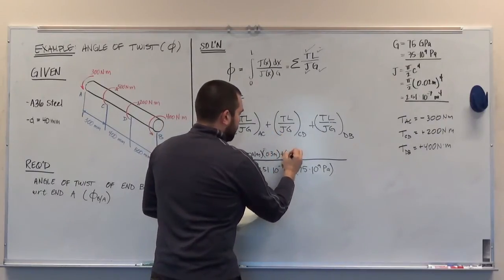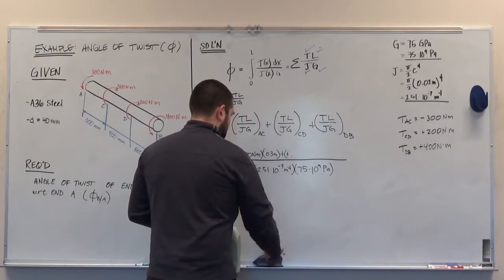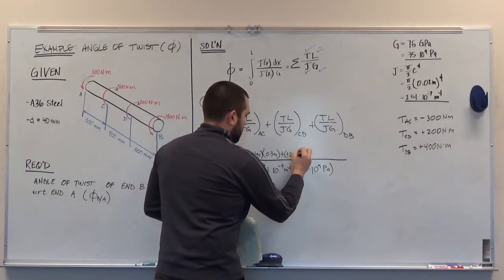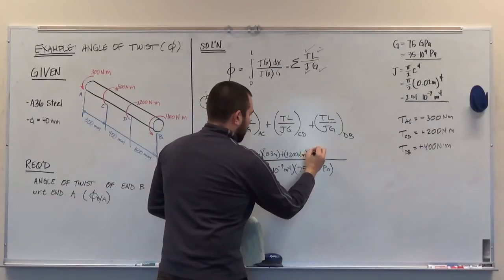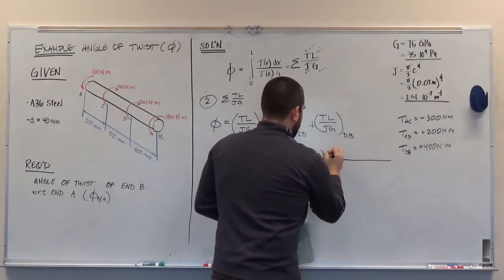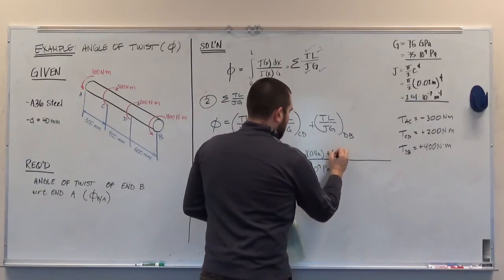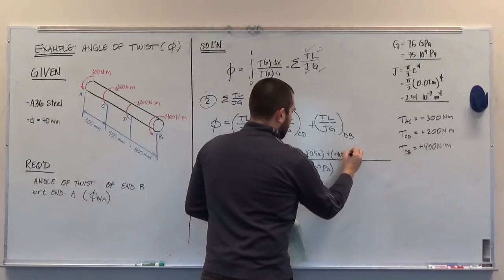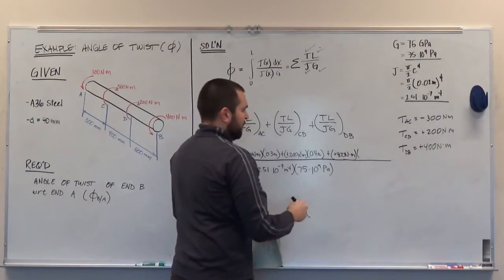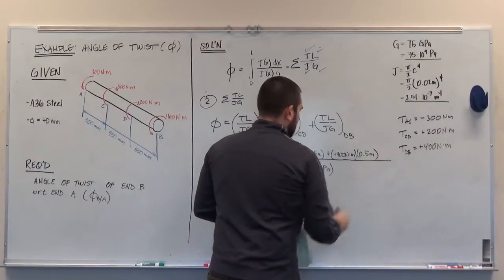That has an internal torque of positive 200 Newton meters. It has a length of 400 millimeters or 0.4 meters. And then we add on the effects of member DB, which was positive 400 Newton meters of torque, times the length, which was 0.5 meters or 500 millimeters.